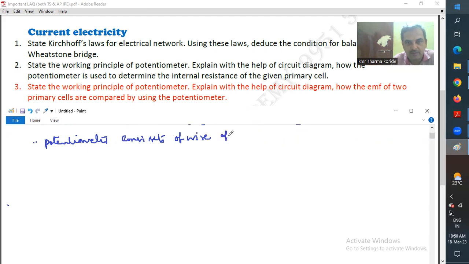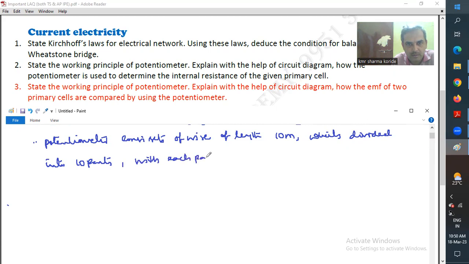Potentiometer consists of a wire of length 10 meters, which is divided into 10 parts, with each part of length 1 meter, and they are connected using copper strips.